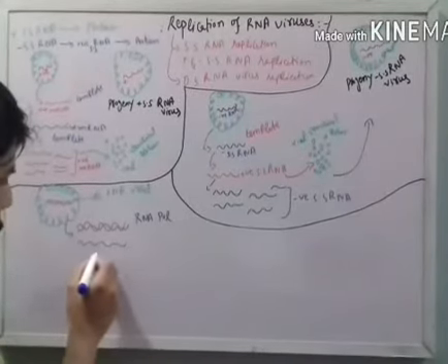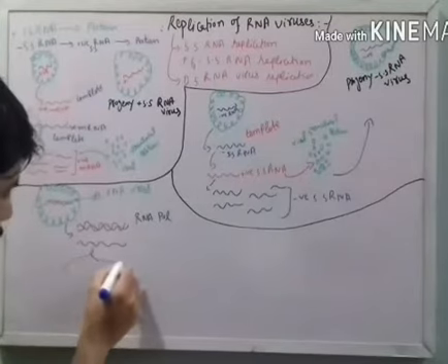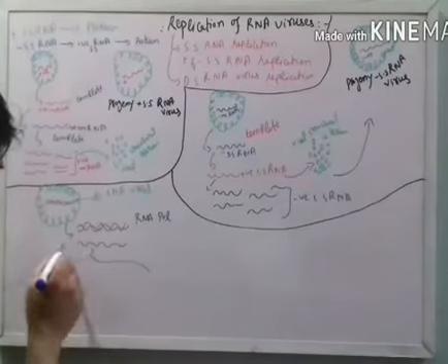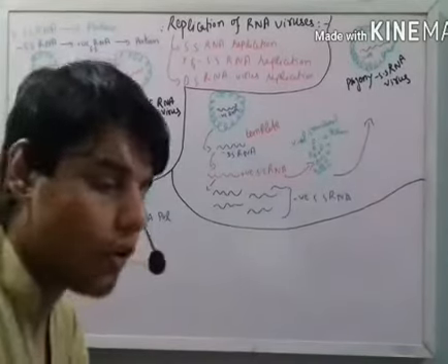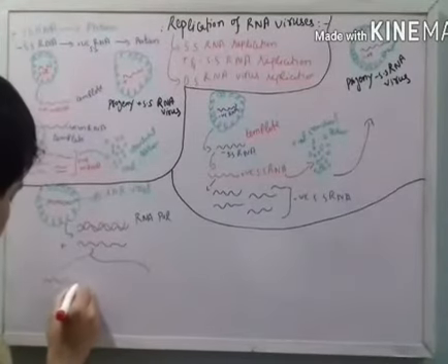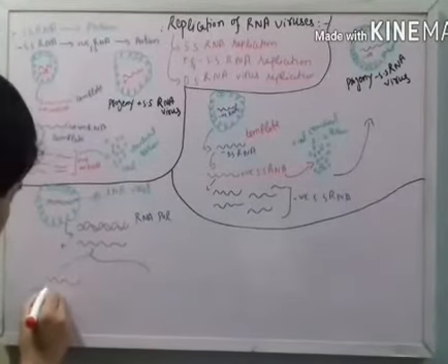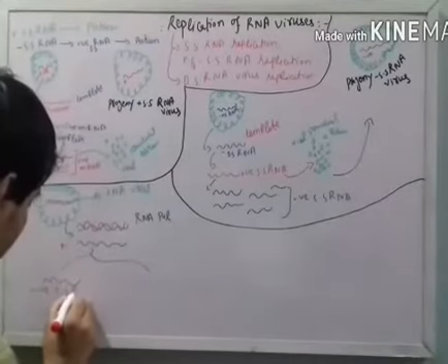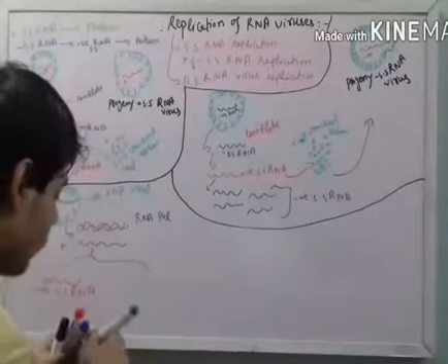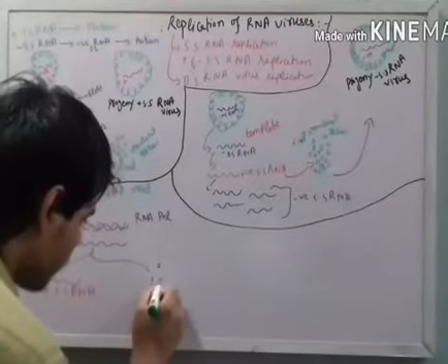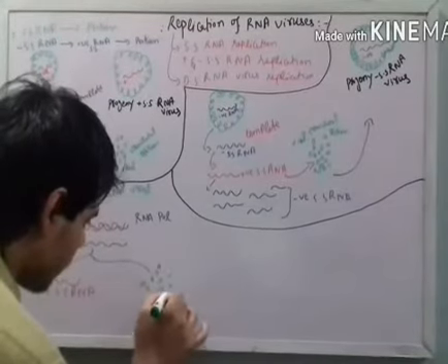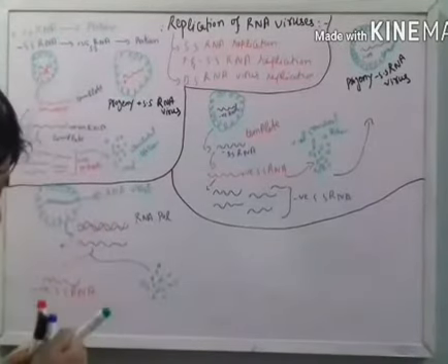With this positive mRNA, we get two things. Now this positive mRNA is used as a template for the production of negative single-stranded RNA, and it also produces the viral protein structure.